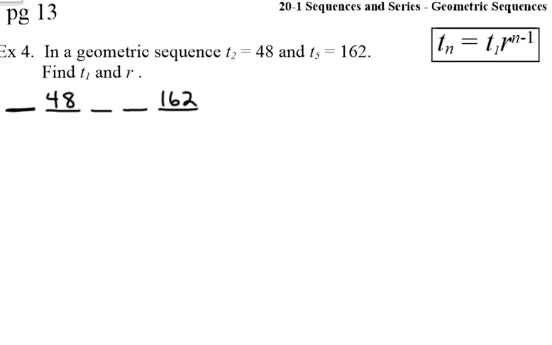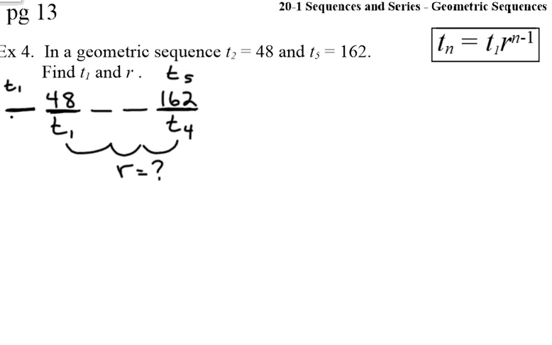As much as the question asks for T1, I can cheat to start with. 162 is term 5, but I can work with 48 as term 1 and 162 as term 4, because that's going to help me figure out what the R value is.